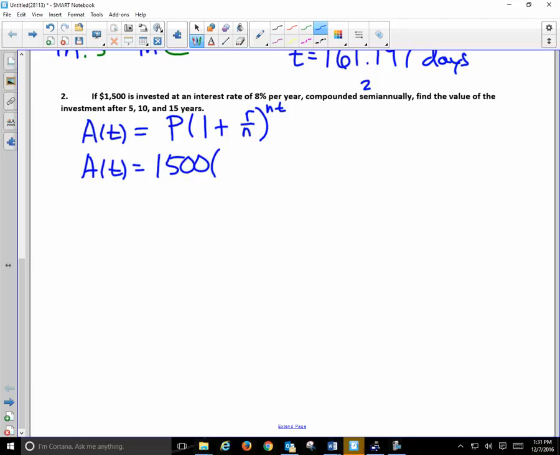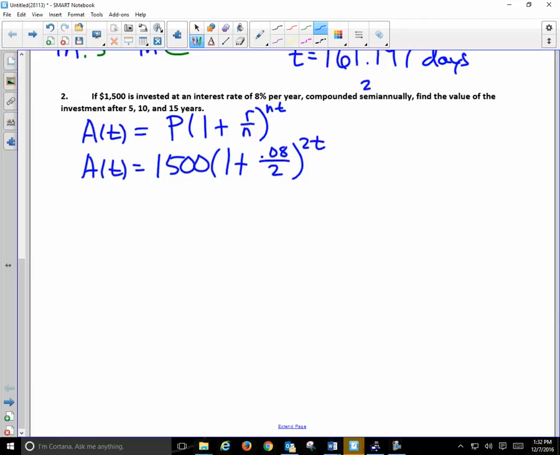So 1,500 times 1 plus 0.08 divided by 2, raised to the 2t power. I immediately did the 0.08 divided by 2.